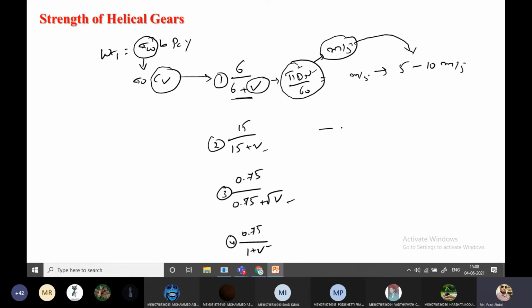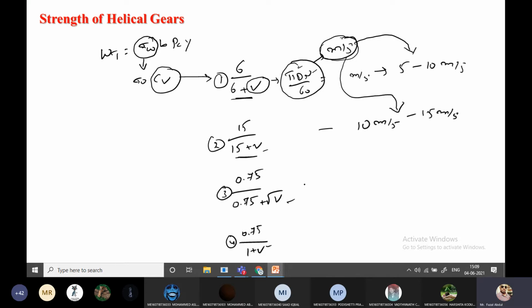The range for the second value is 10 to 15 meter per second.